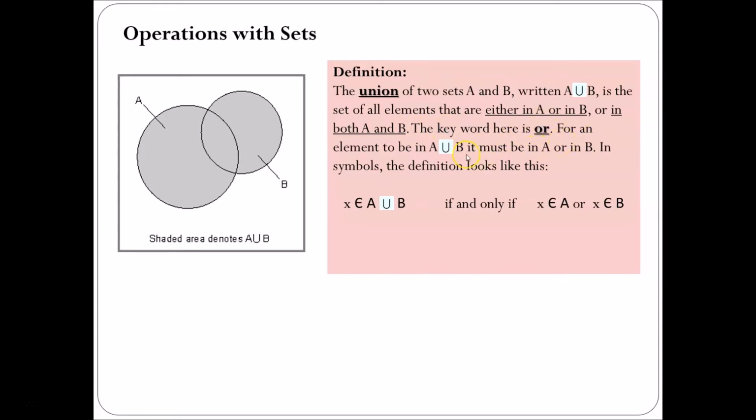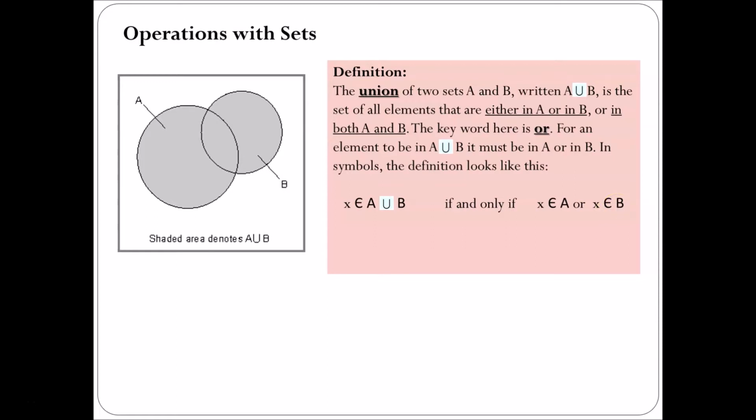For an element to be in A union B, it must be in A or in B. In symbols, the definition looks like this: x is an element of A union B if and only if x is an element of A or x is an element of B.